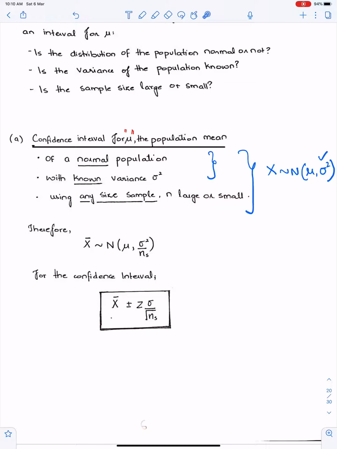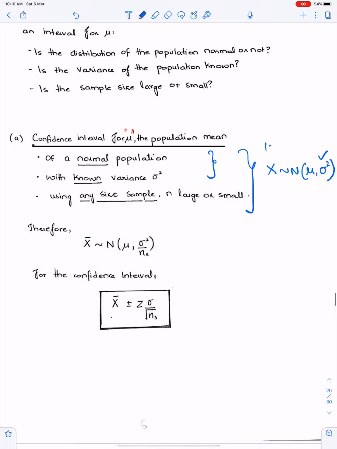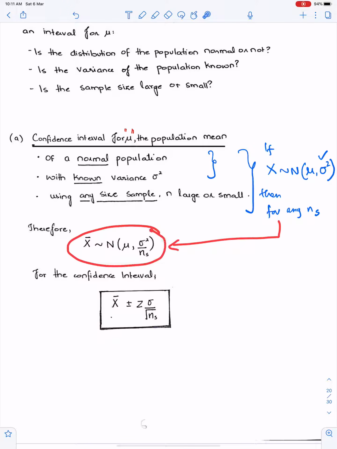We have two conditions here. Number one, population is normal, and number two, sigma square is known. Then for any sample size, for any n, the distribution of x bar will always be normal. I hope you all have understood this thing.